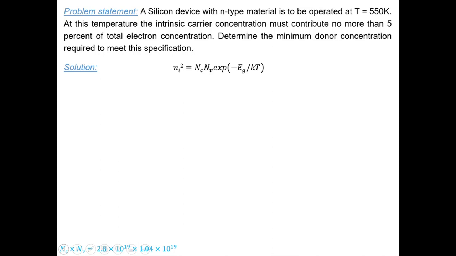So you have the ratio of intrinsic carrier concentration and the total electron concentration. The intrinsic carrier concentration is 5% of the total electron concentration. You also know the relation between intrinsic carrier concentration and the rest of the parameters. At that temperature, you can calculate the band gap.